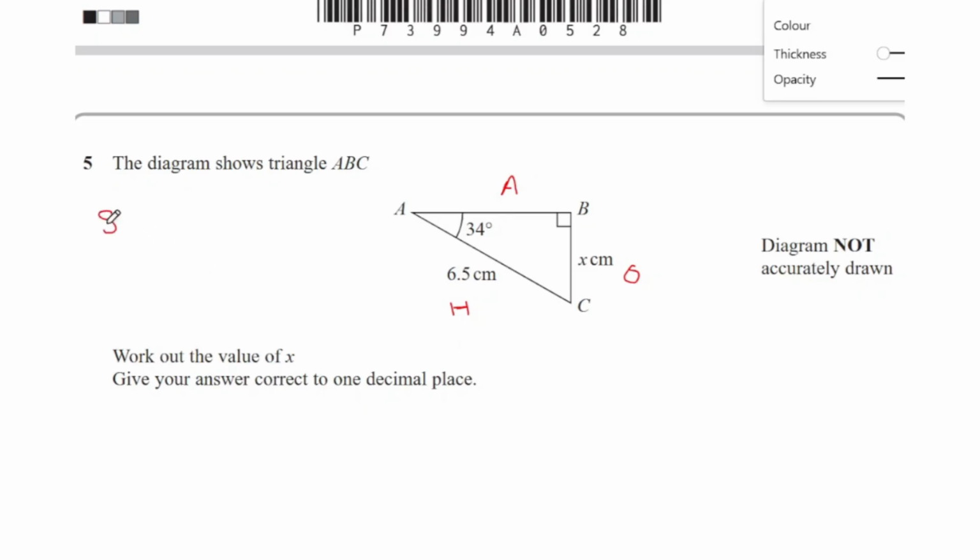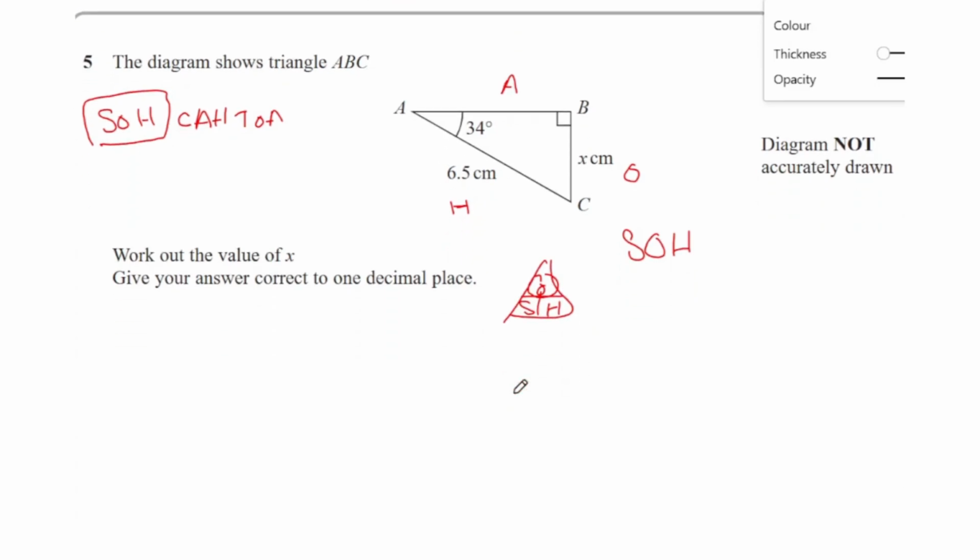Let's see which ratio we're going to use. So SOH CAH TOA. So we need O and H. So O and H is this ratio. Just write down here. So, let's find out the triangle as well. That's S, O, and H. What we're looking for, O. So we're going to multiply simply sine 34 times the hypotenuse, which is 6.5.